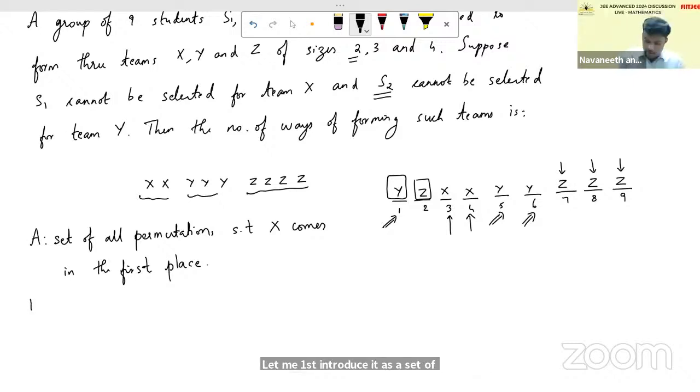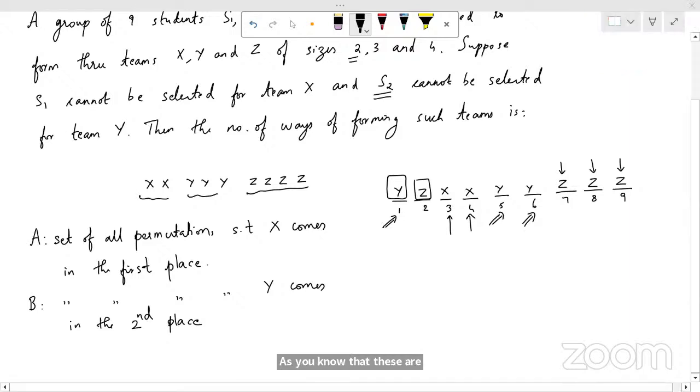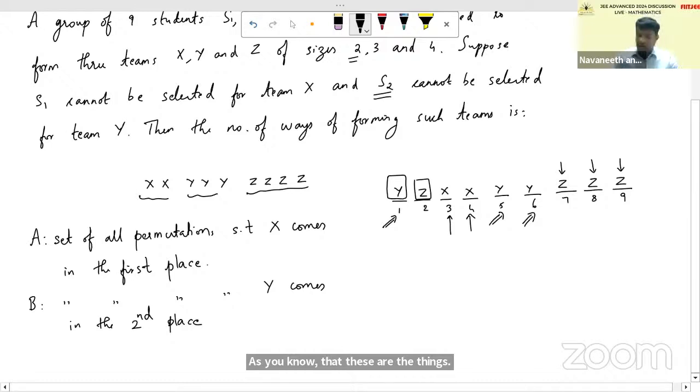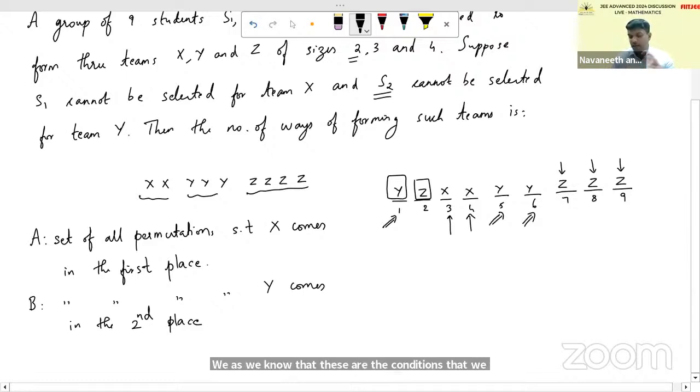B is similarly the set of all permutations such that Y comes in the second place. These are the conditions that are not supposed to happen. A and B are not supposed to happen.